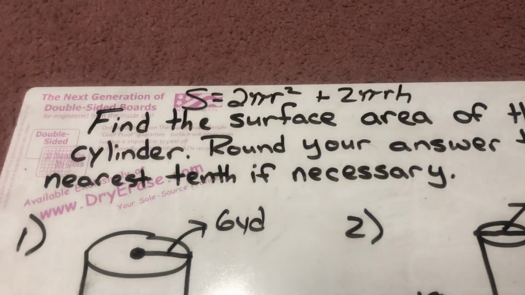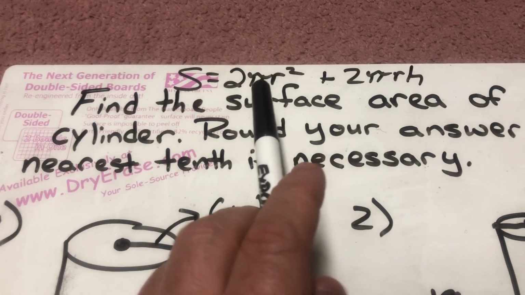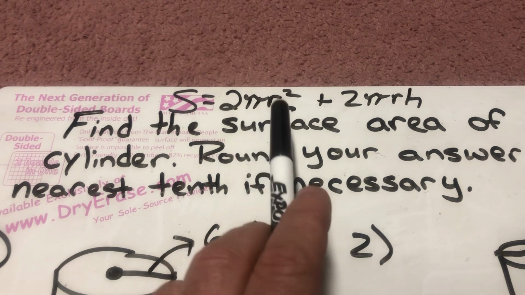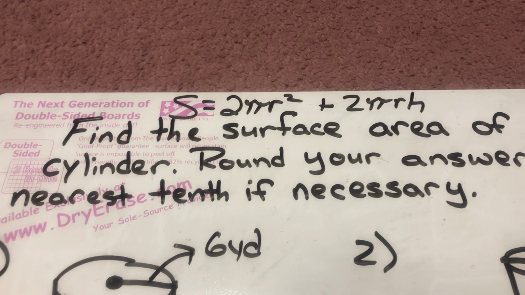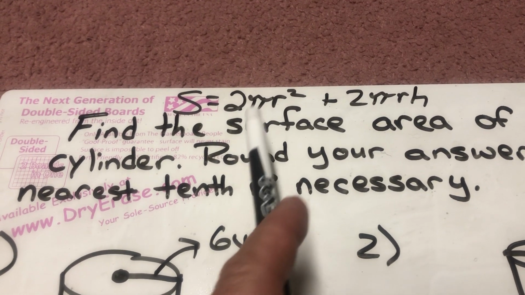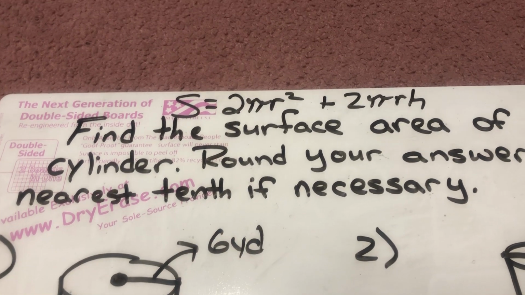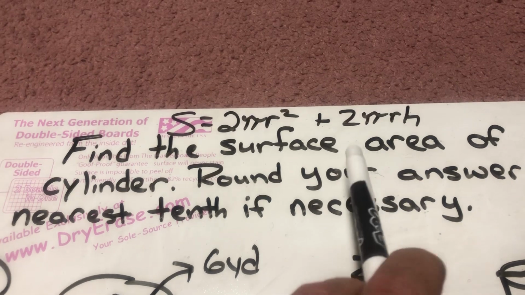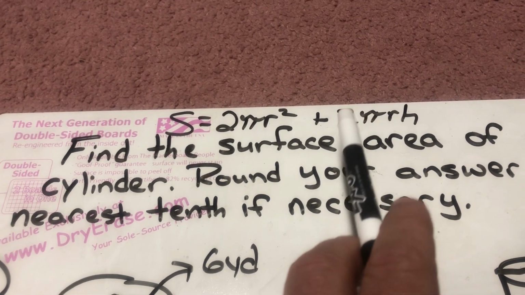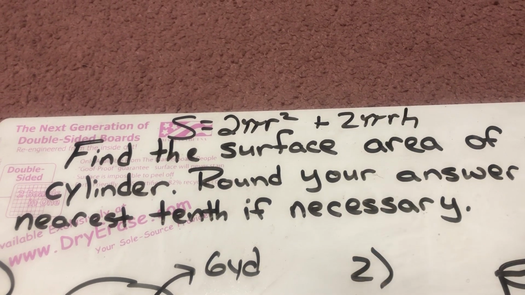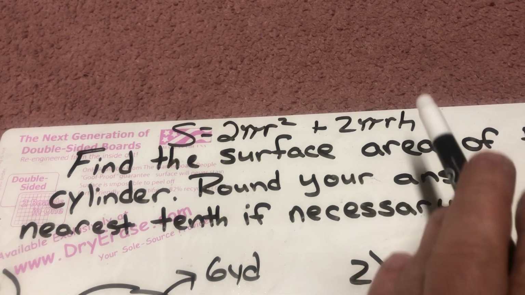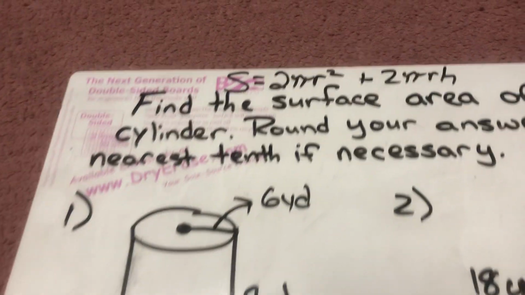And the formula for the surface area, well, you know that the formula for the area of a circle is pi times radius squared. So when we have pi times radius squared, that's one circle, but we double that, so that's two circles. Now, plus the lateral surface, 2 times pi times radius times height, that's the whole rounded surface.